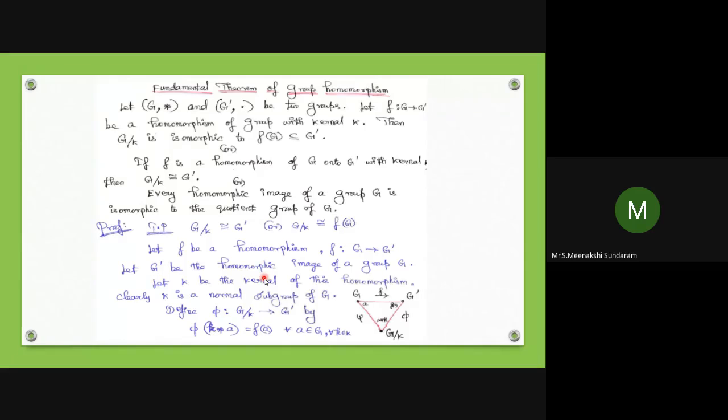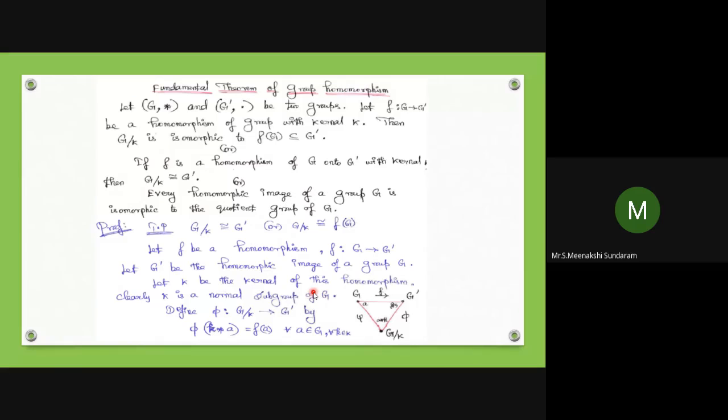Let G dash be the homomorphic image of a group G. G dash is nothing but the homomorphic image, and the image of an element A is F of A. That's why we say let G dash be the homomorphic image of a group G. The elements' homomorphic image is F of A. That's why you can say F of G in general. Okay. Let K be the kernel of this homomorphism. Clearly, K is a normal subgroup of G.